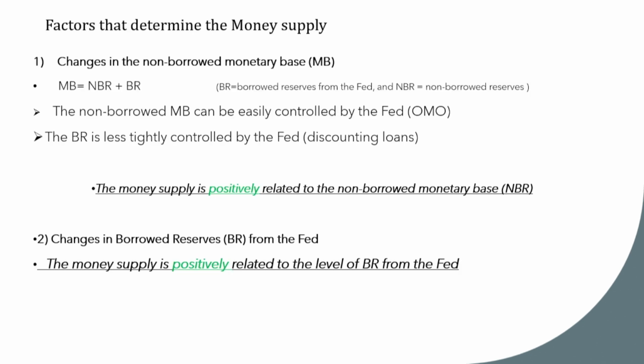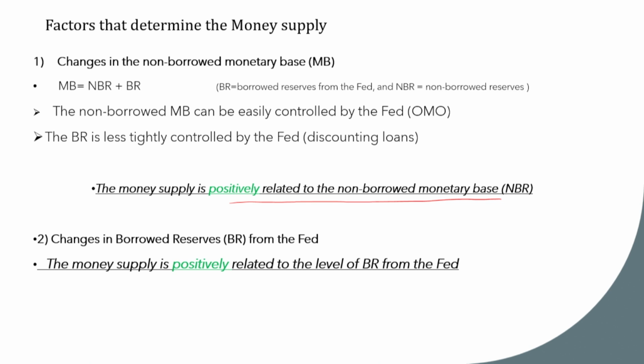So the factors that determine the money supply: one, the changes in the non-borrowed monetary base. The money supply is positively related to the non-borrowed monetary base. If through open market operations more money comes to the banking system, then through the chain that we discussed, multiple expansion of deposit, the money supply increases.